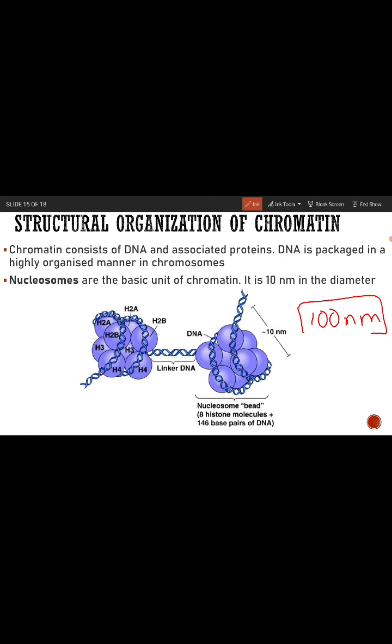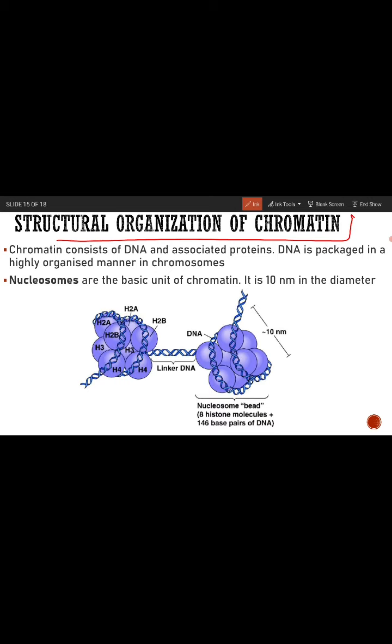How can a DNA that is 1 meter long be stored within a cell which is itself so small? So that is why we need to organize the chromatin in such a tightly packed manner so that it could be put into the nucleus, right? It couldn't fit into the nucleus otherwise.